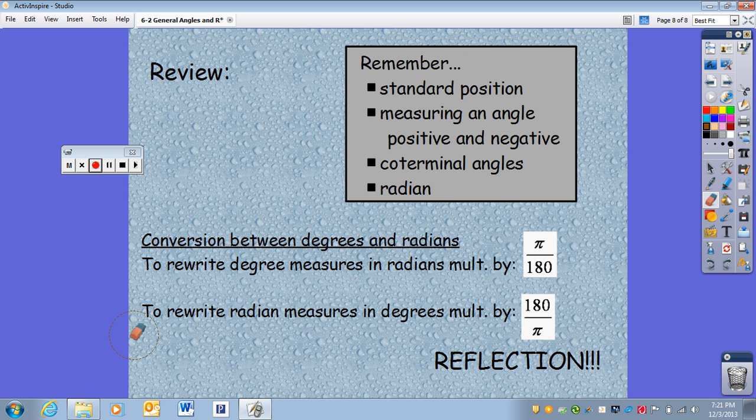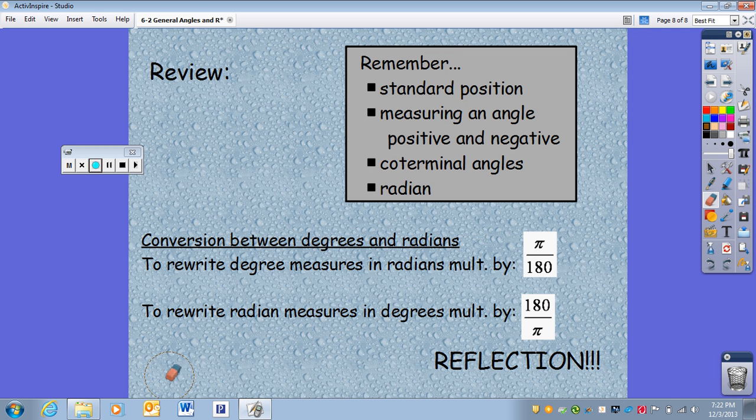So, to review, please remember when your angle is in standard position, the initial side is the positive x-axis. We are measuring an angle with positive and negative measurements. The positive is the counterclockwise direction and negative being clockwise.